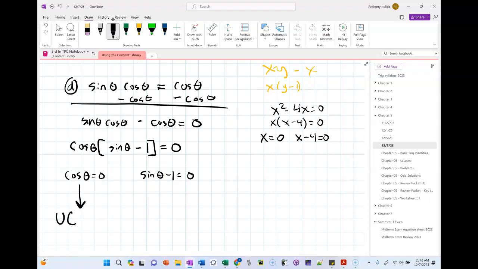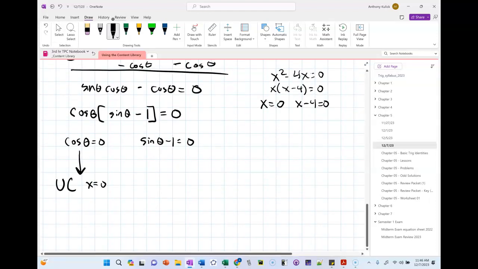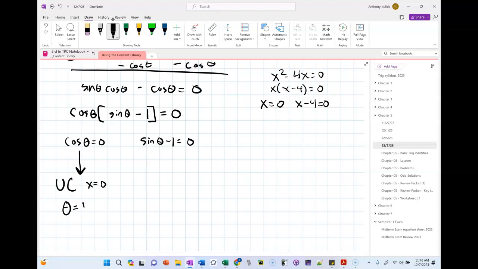On the unit circle, what am I looking up? What 0, though? Where on the unit circle am I looking for a 0? Okay, looking for x equals 0. And where do you find that at? Look at your unit circles. Pi over 2, is that the only place? Very good.